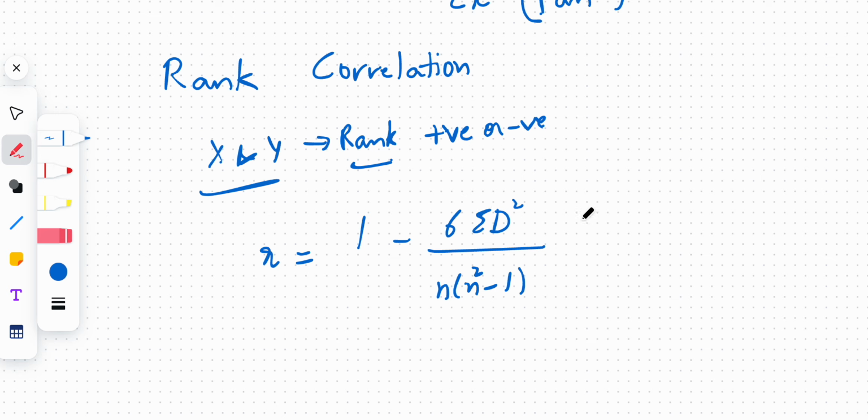This would be my formula. I think this is the right formula, if I'm not mistaken, I don't think I am.